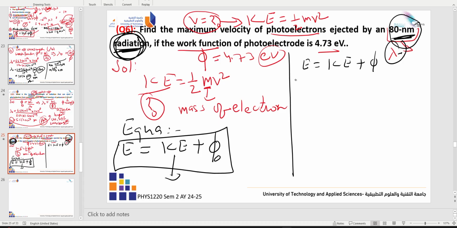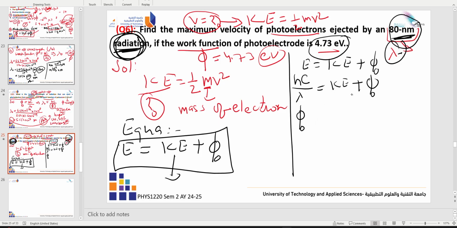So I write the formula related to the wavelength: hc divided by lambda equals the kinetic energy I need to find, plus the work function, which is given. So easily I can find the value of this. I write phi naught, not phi, because phi is the angle; it is phi naught.